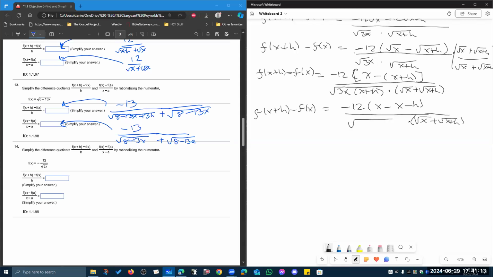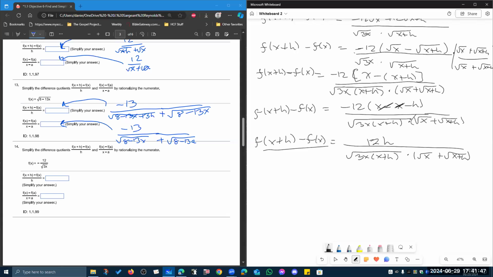I'll just leave it factored. But if you don't like seeing the parentheses and want to get rid of them, go for it. So this is 0. Negative 12 times a negative h is a positive 12h. Root 3x times x plus h times root x plus h. I'm ready to divide by h now.